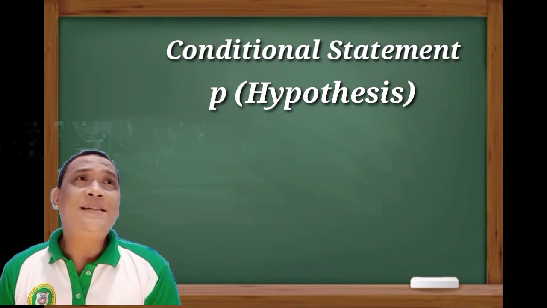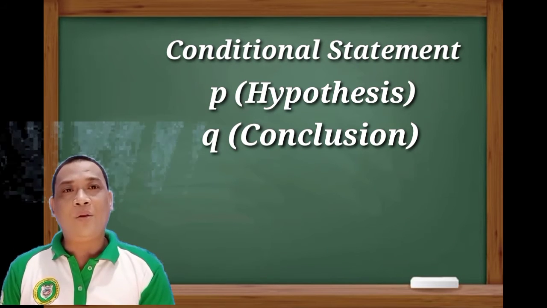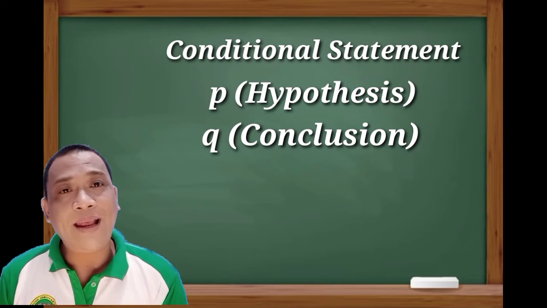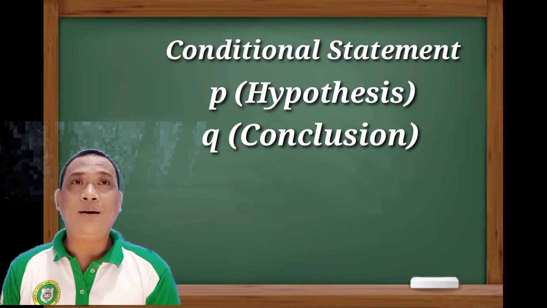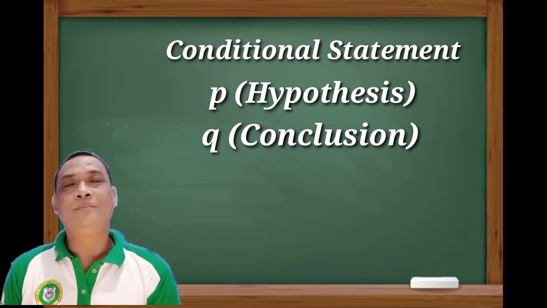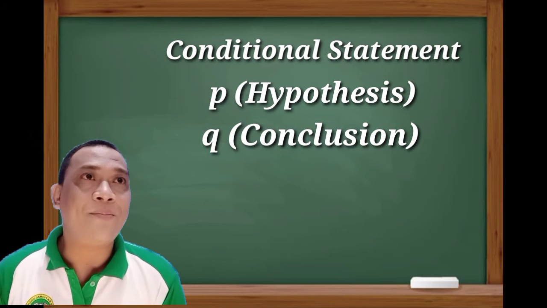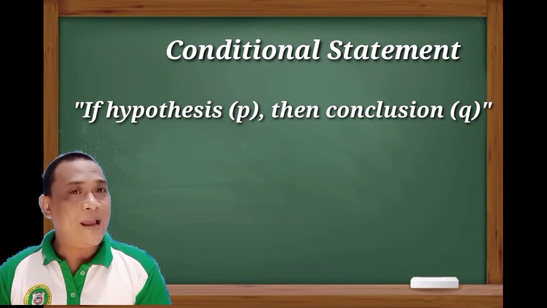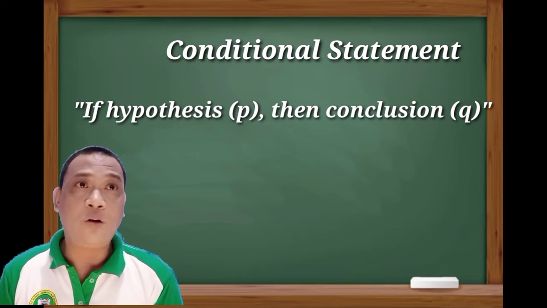While the second statement, Q, which usually begins with then, is called the conclusion or the then clause. So we can have a conditional statement as if hypothesis P, then conclusion Q.